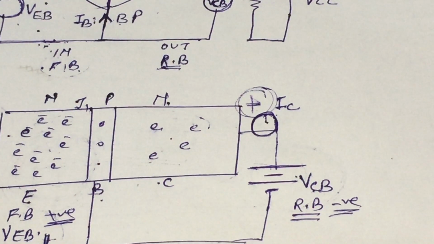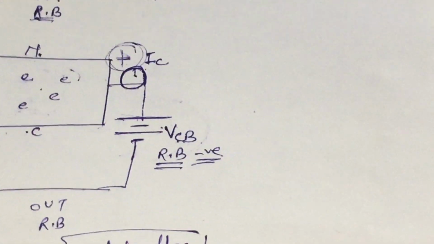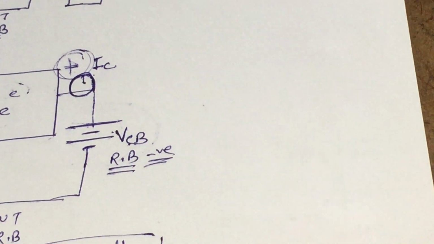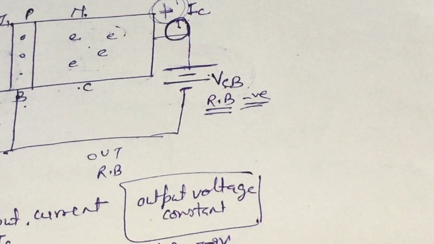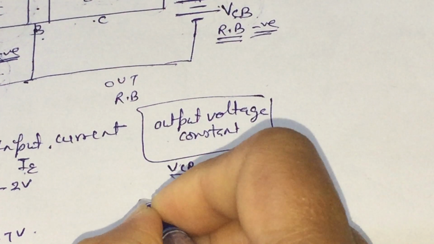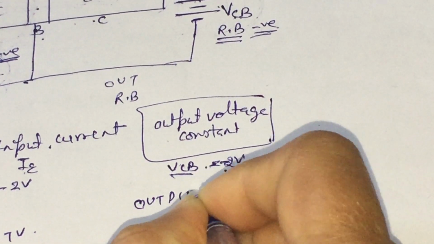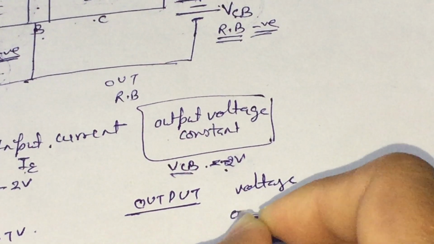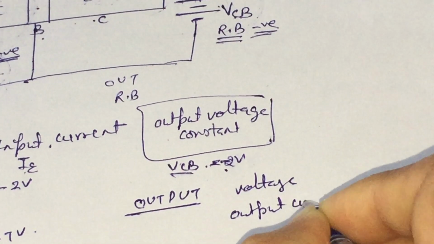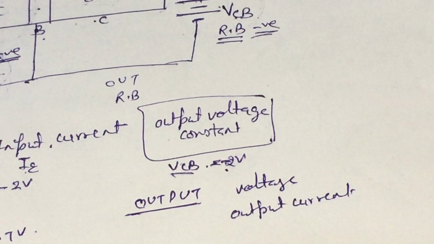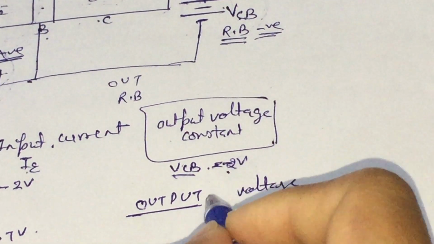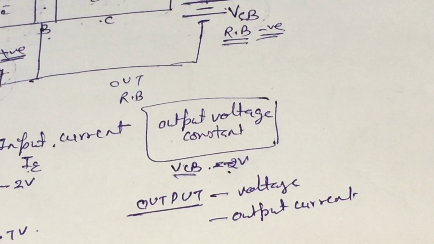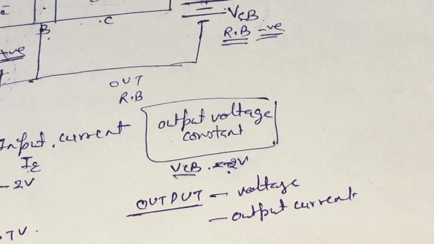Now we will discuss the output characteristic of our common base transistor configuration. In our output characteristic, we will discuss the output voltage with output current, in which the output voltage and the output current are not affected by any other physical quantity.